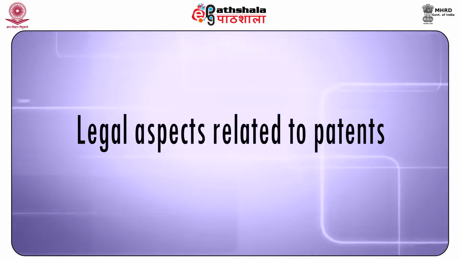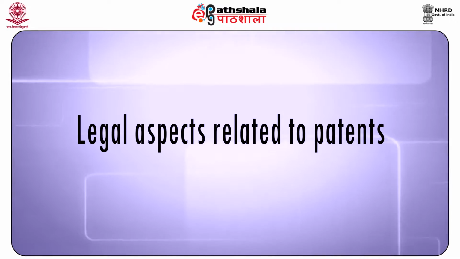Next, legal aspects related to patents. The main provisions of the Patent Act are as follows. The Controller General of Patent, Designs and Trademarks appointed under the Trade and Merchandise Marks Act 1958 shall be the Controller of Patents. For the registration of patent, Patent Office is maintained.